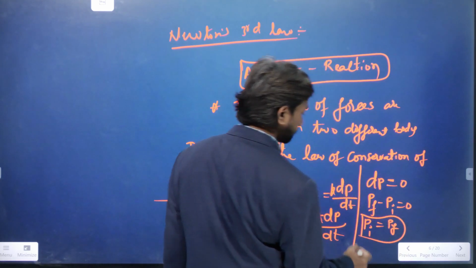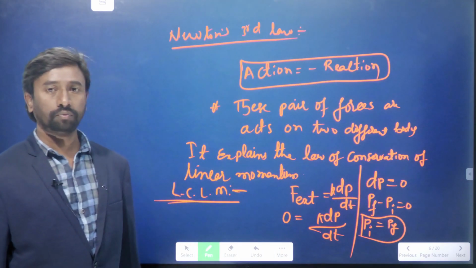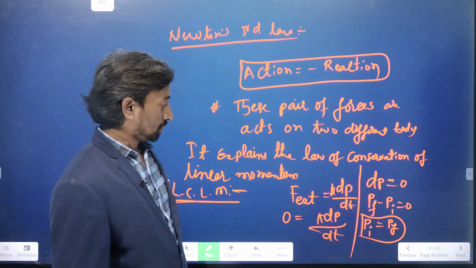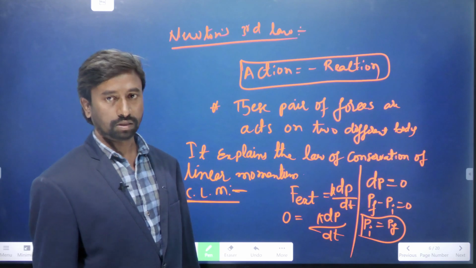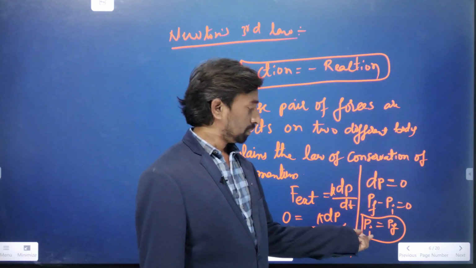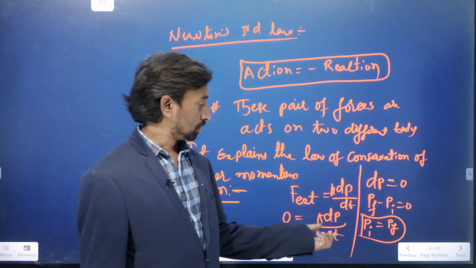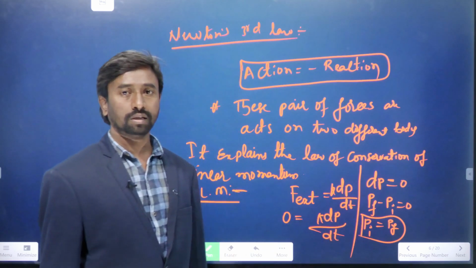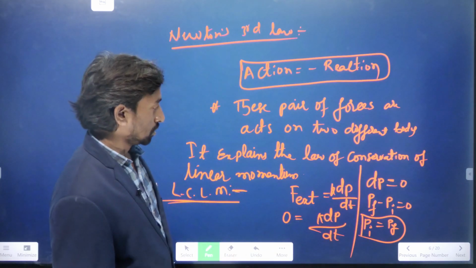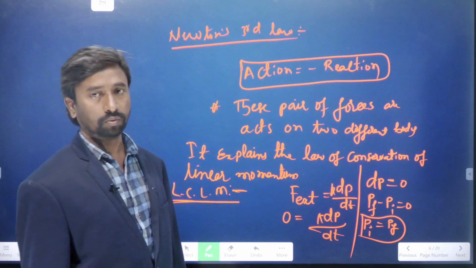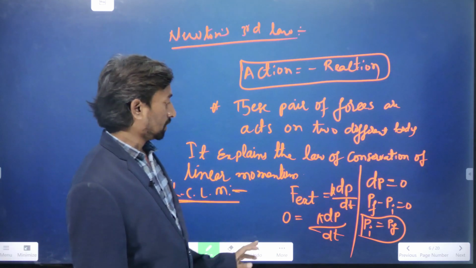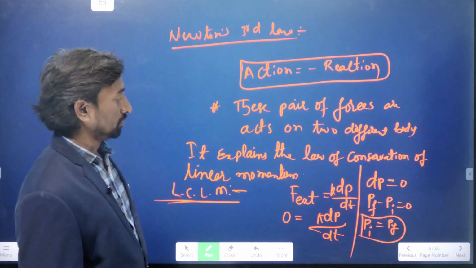That means if no external force acts on the body, the total momentum of the body is conserved, or constant. Conserved means constant. Before the action and after the action, the total momentum of the system remains constant, or we can say the change in momentum will be 0. That is said to be the law of conservation of linear momentum.